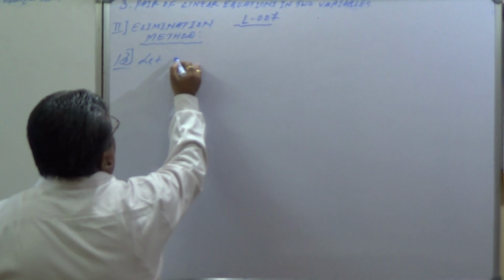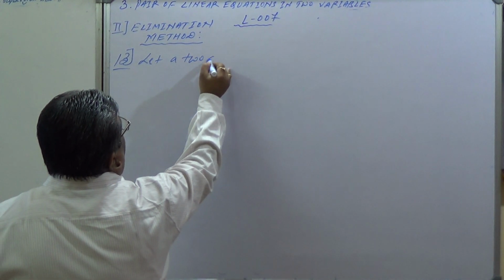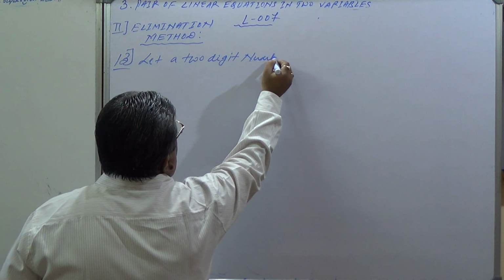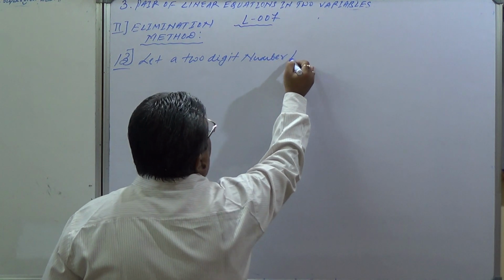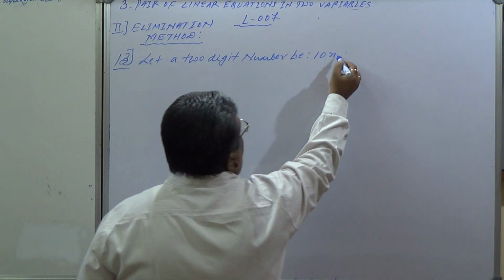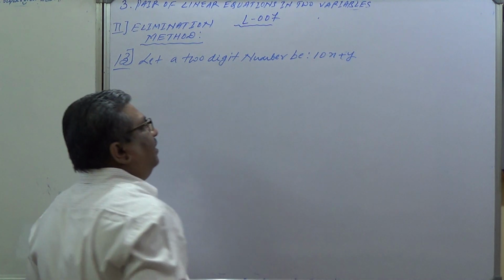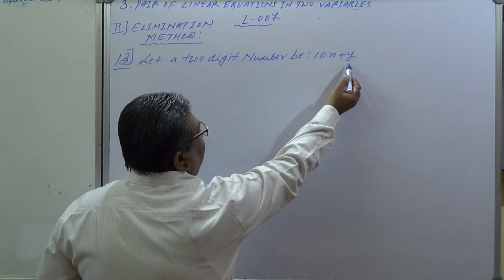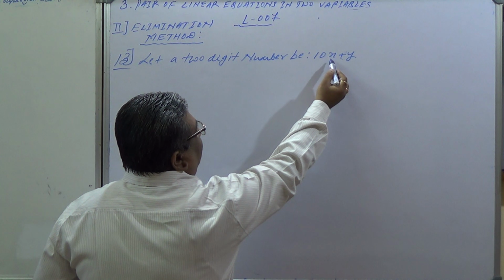Let a two-digit number be 10x plus y. Here y is units place and x is in the tens place.